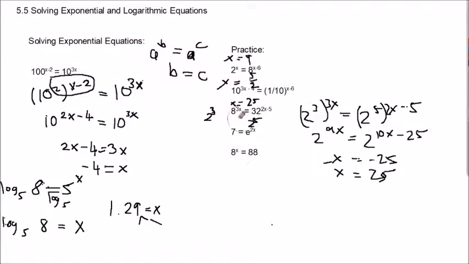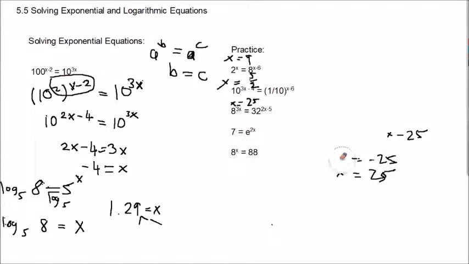Okay, I'll erase this. Now, we don't have an exponent on the other side anymore. So, in order to find out, we have to take the log base whatever of the number that has the variable as its exponent. So we have 7 equals e to the 2x.